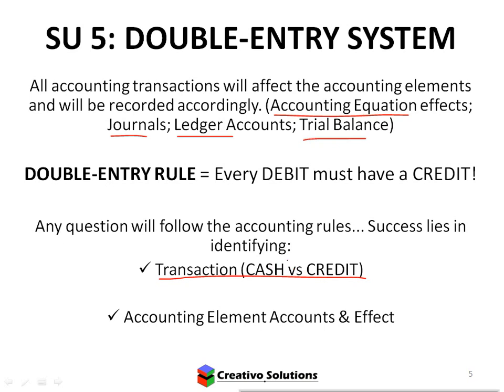Is it cash or is it credit? And I need to know what is the accounting effect. In other words, what's actually happening? Am I increasing or decreasing the account? That's the understanding, that's the interpretation. We'll see that just now when we do some examples.